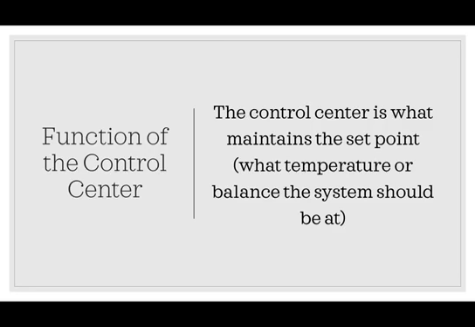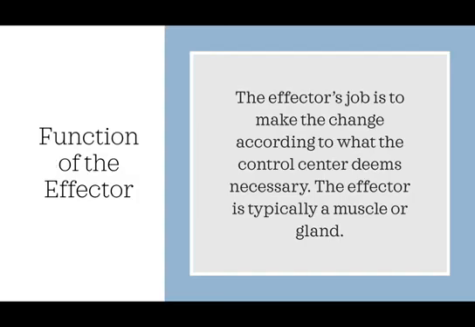That would be the function of the control center. It takes what the receptor is telling you, that it's too hot. Perhaps the receptor is saying your body is 102, and the control center comes up with the solution, if you will, on how to get your body temperature back down to 98.6.